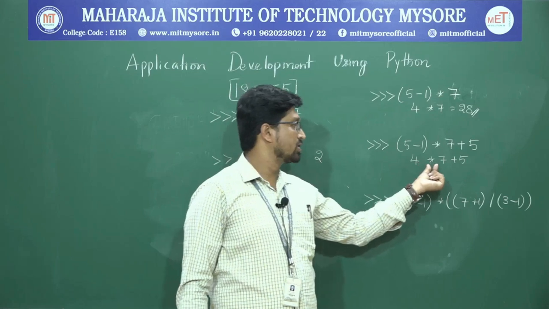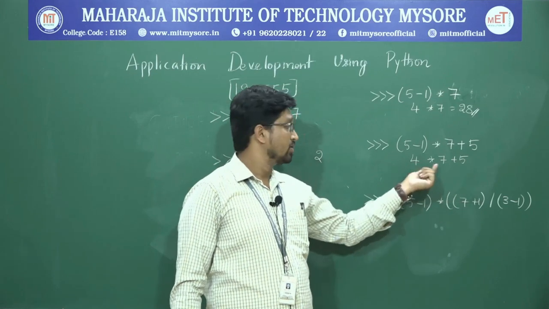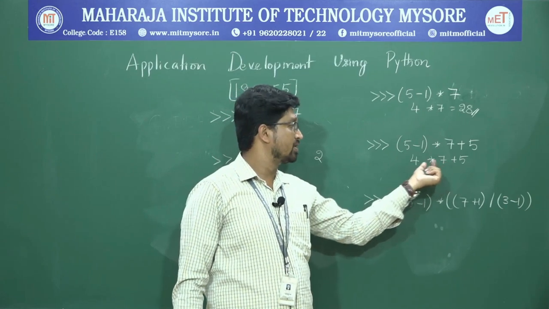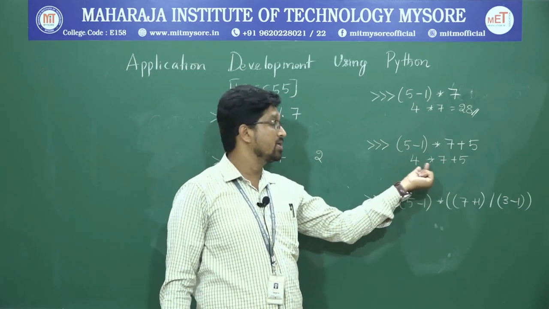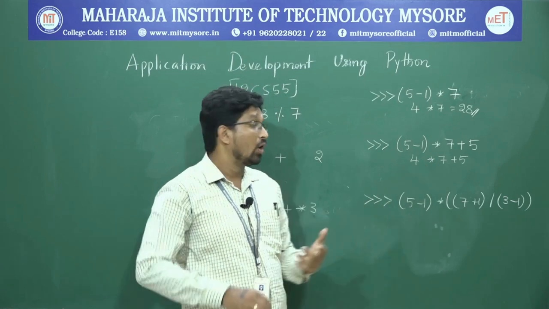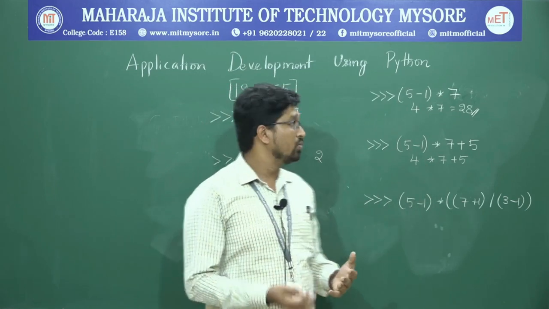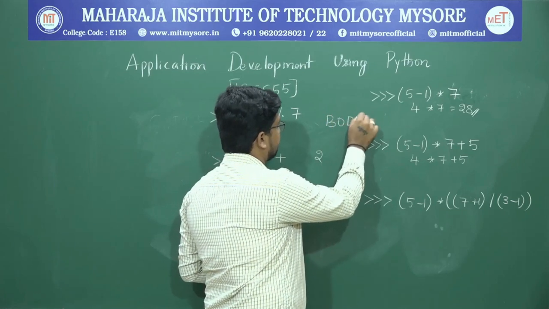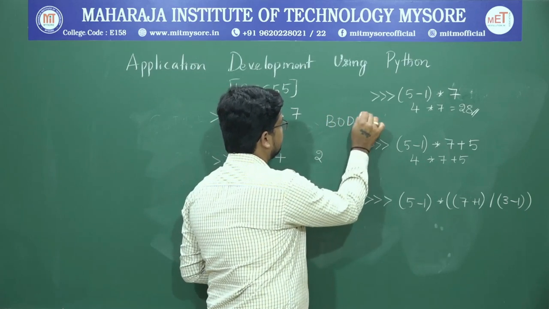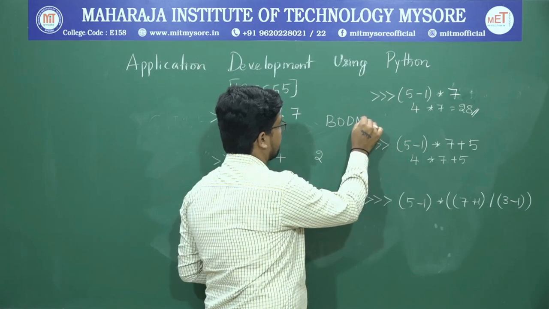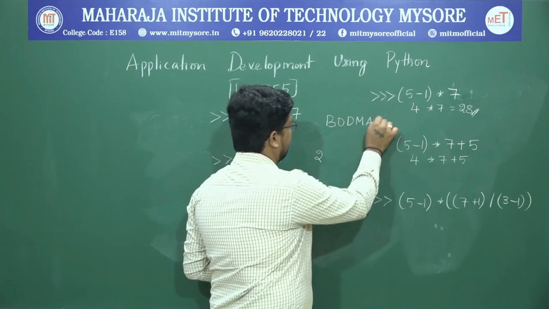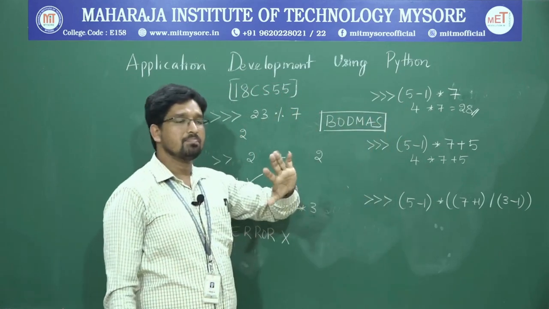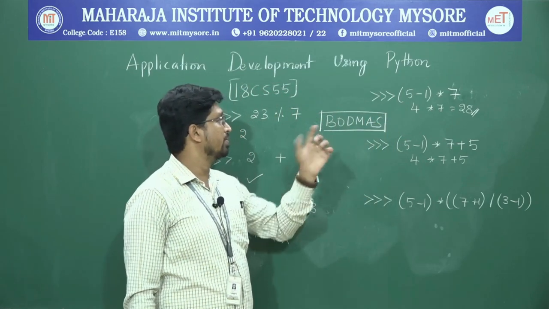Then when you have 4 star 7 plus 5, again I have two operators. Star has the highest precedence. How do I know that precedence value? I will write a simple formula, that is BODMAS. You can just remember this. It's a very simple formula just to remember.